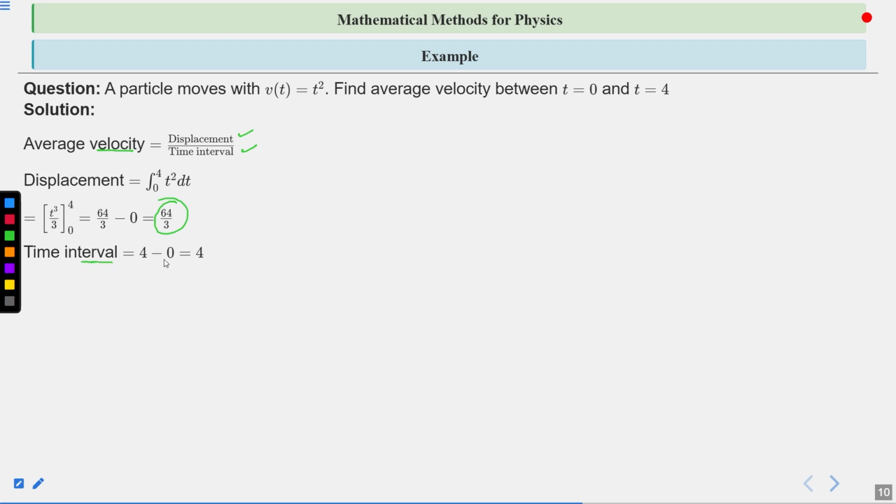The initial time is 0 and the final time is 4. So what will be the time interval? 4 minus 0, so it will be 4. Now average velocity: displacement is 64 by 3 and time interval is 4. So it will be 16 divided by 3 meter per second. Clear?